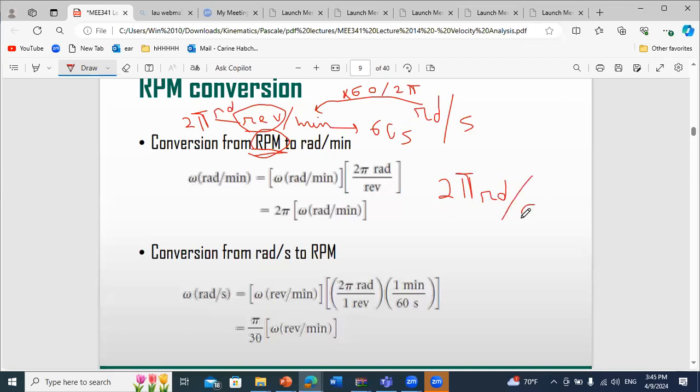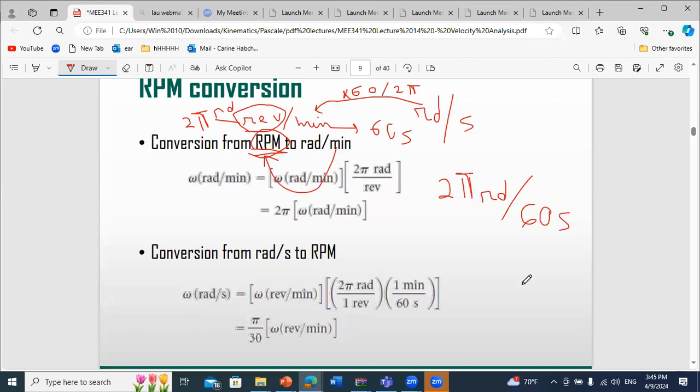So if I want to convert from RPM to radian per second, all I have to do is multiply by 2 pi and divide by 60. While if I have the value in radian per second and I want to convert it to RPM, then I should do exactly the opposite.